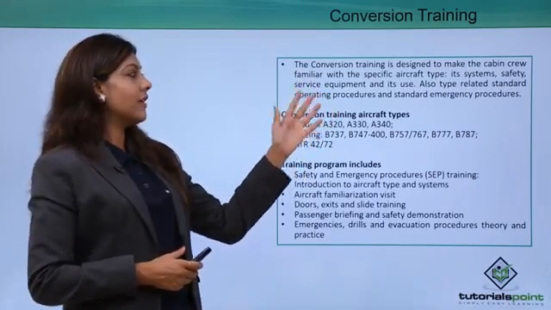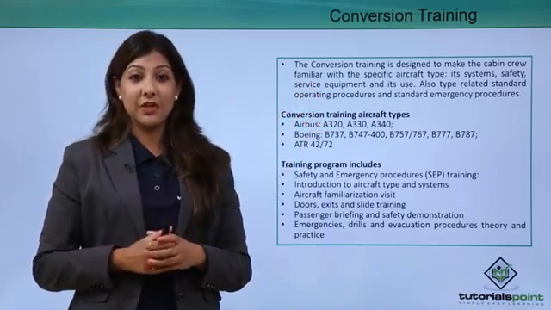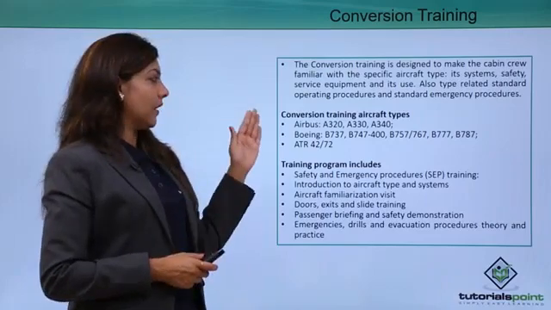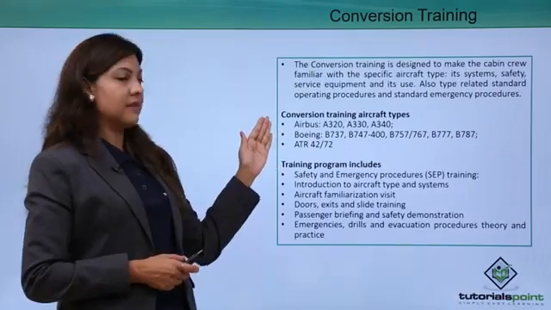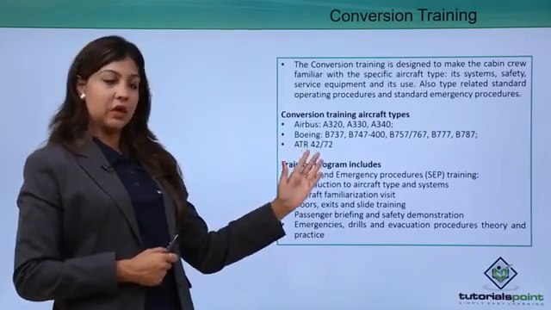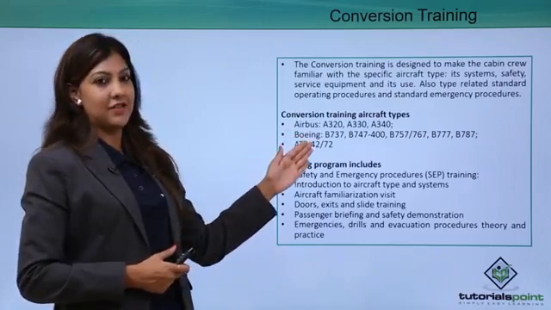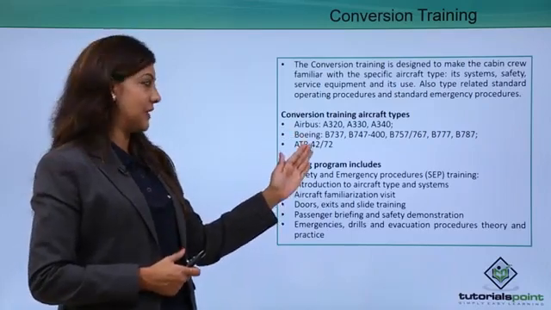It also relates to the standard emergency procedures for that particular type of aircraft. A conversion training can happen for Airbus and the different Airbus models, Boeing and the different Boeing models, ATR and the different ATR models, which are the 42 and 72. That's a 42-seater and a 72-seater.